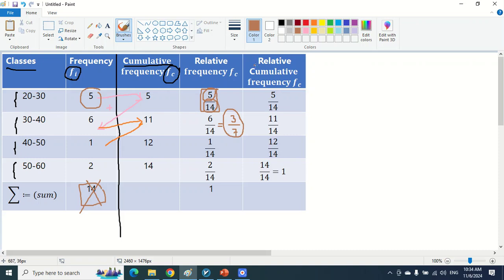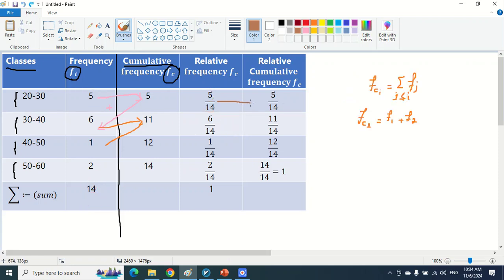And the last part is the relative cumulative frequency, which we denote by f c r. As you can guess, the relative cumulative frequency is calculated like this. The first relative cumulative frequency is the same as the first relative frequency.